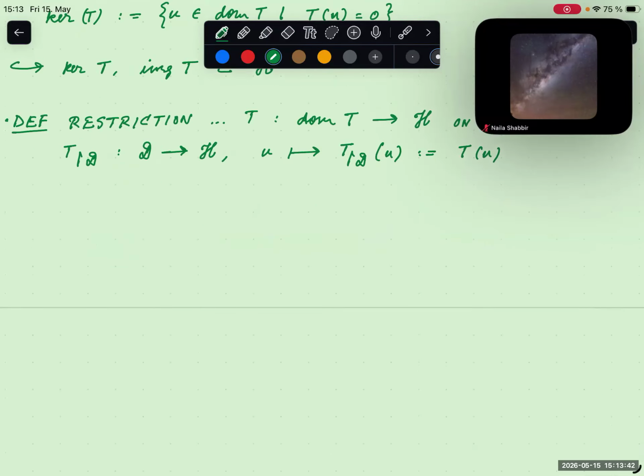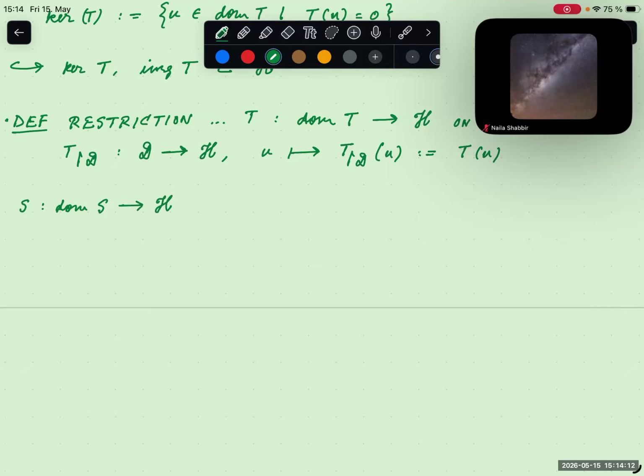Okay, now you consider the other way around. Instead of restricting, you want to extend it. That's called extension. To define extension, first let me consider another operator. So S is another operator, which means it has its domain.